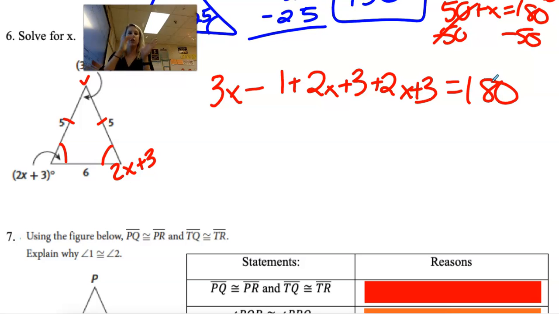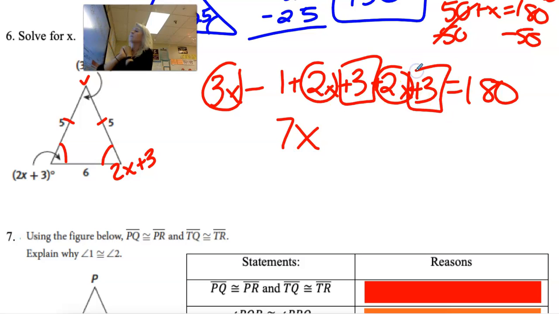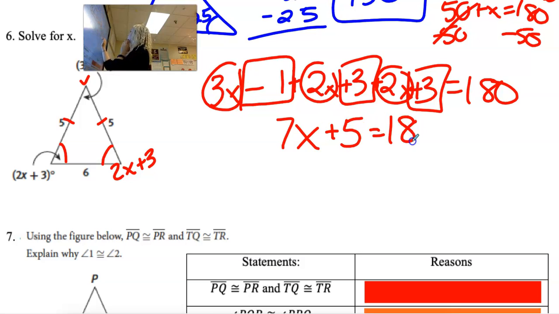All three of your angles added together equal 180. I'm going to add like terms now. 3x, 2x, and 2x is 7x. 3 and a 3 is 6, minus a 1 is 5. Combining your like terms, I'm going to subtract 5 now.